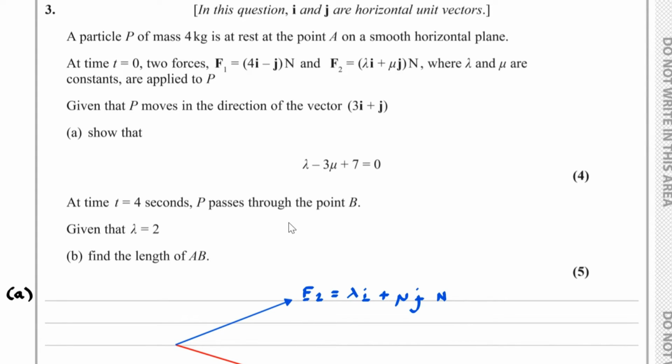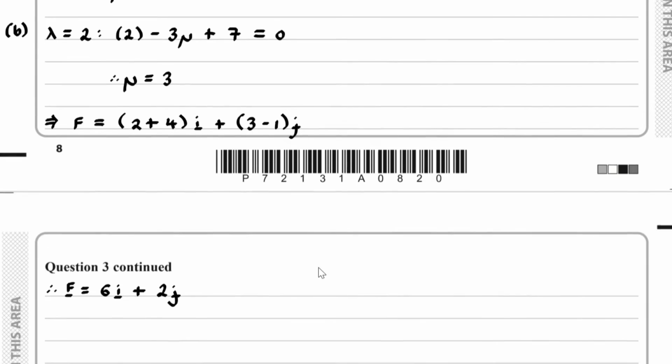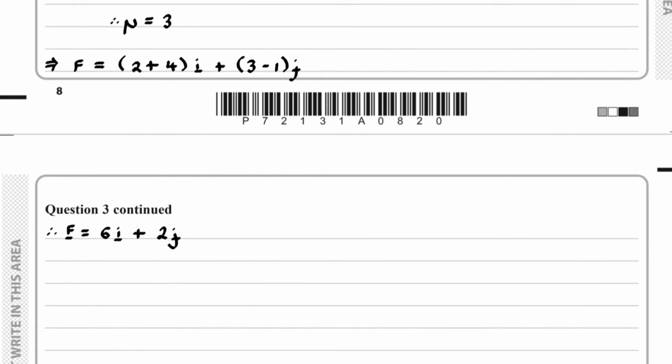And now what we can do is find out the acceleration vector, and from that we can find the velocity vector, and from that we can find the displacement vector. We can do that first of all by using F equals m times a.